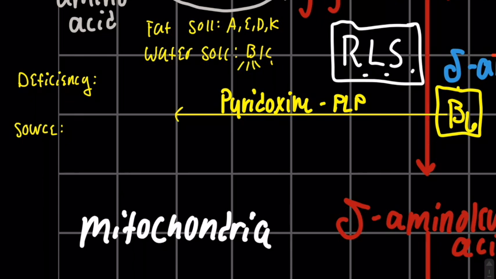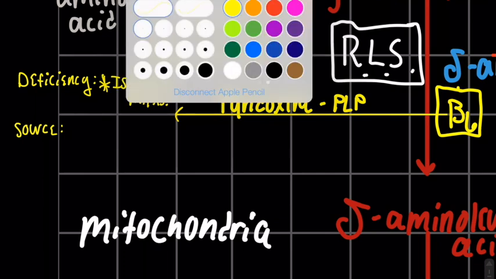The chief thing, the most high yield, is going to be isoniazid. What is isoniazid? That's an MTB drug, a Mycobacterium tuberculosis drug, that we're going to use to fight tuberculosis. We can also use it to fight other infections, but we're going to mainly use it for tuberculosis.